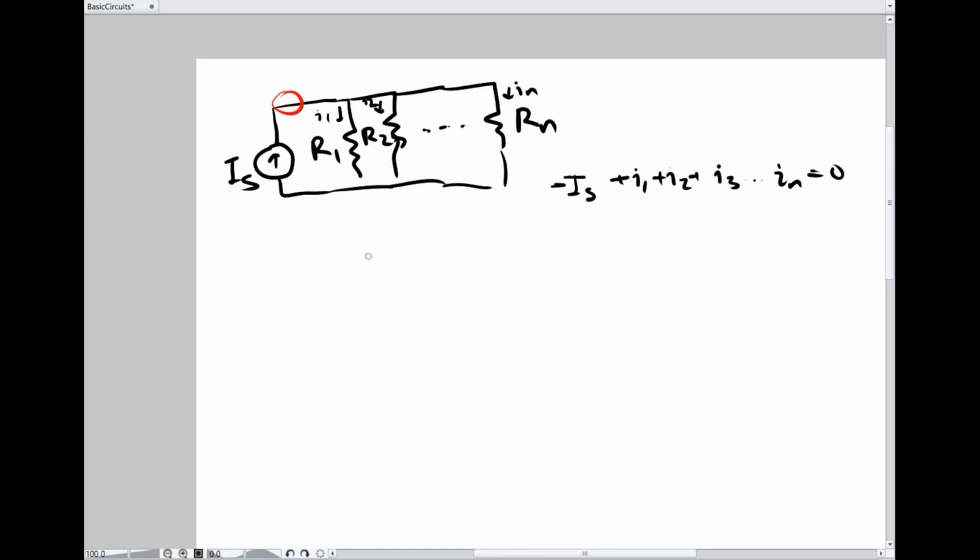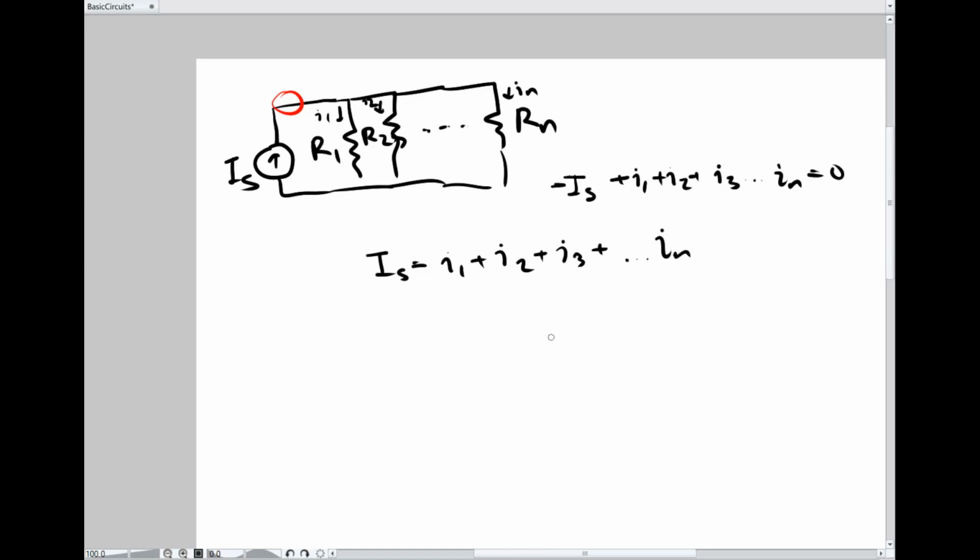So IS is equal to I1 plus I2 plus I3 plus dot dot dot IN. Just like I can add voltages when the elements are connected in series.